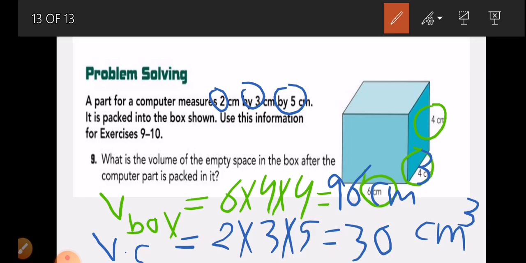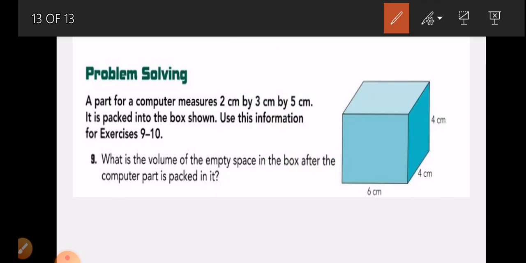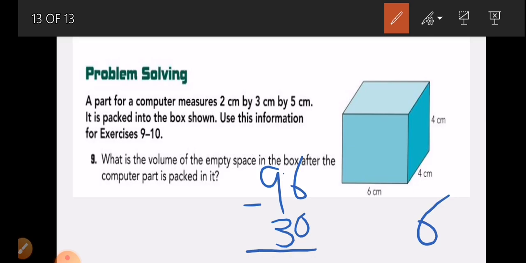Okay, so now the volume of the space between them is what? 96 minus 30. 96 minus 30 will give me 6, then 9 minus 3 is 6, so 66 centimeter cubed. This is the volume of the empty space between the computer part and my box.